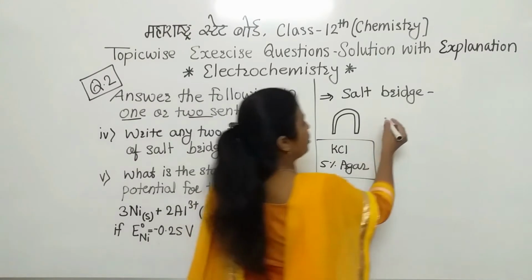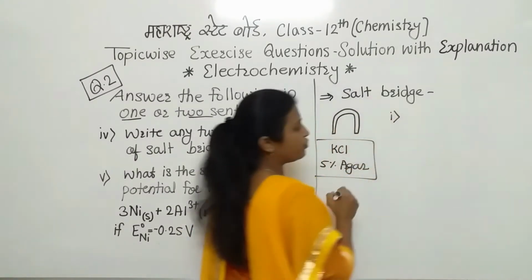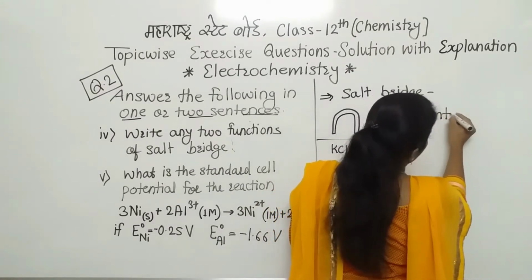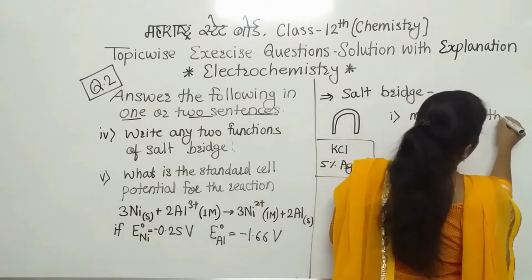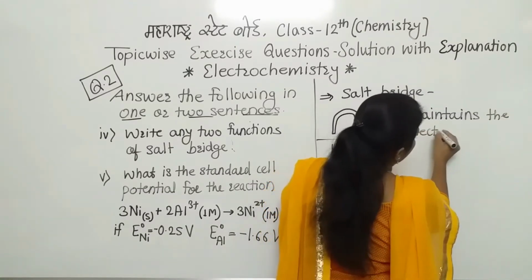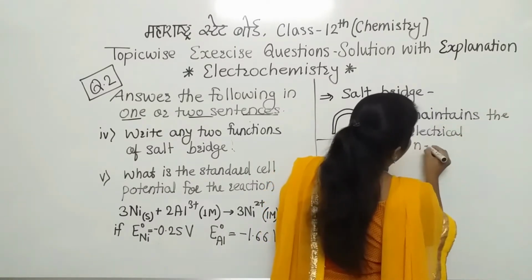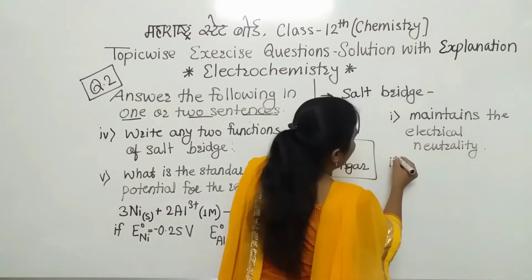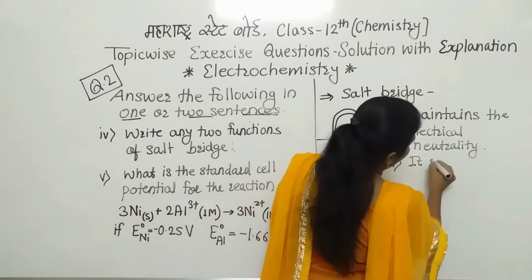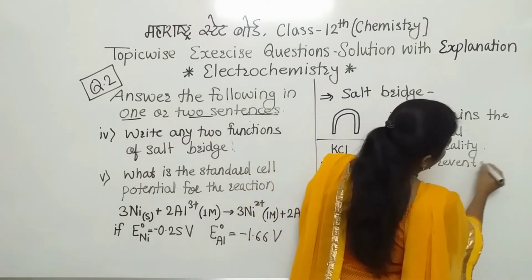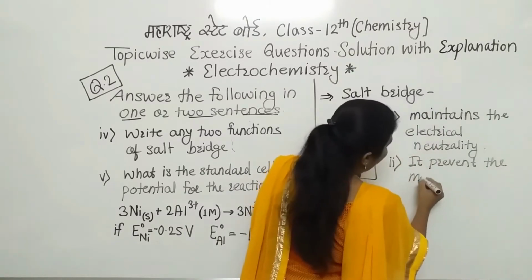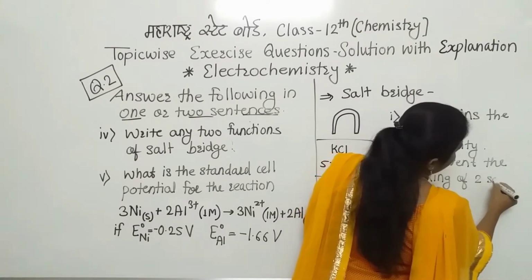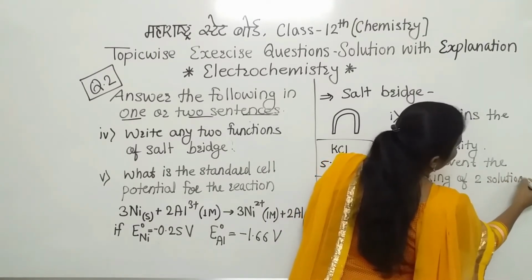If we consider the functions, the first function of the salt bridge is that it maintains the electrical neutrality. The second function is that it prevents the mixing of two solutions.